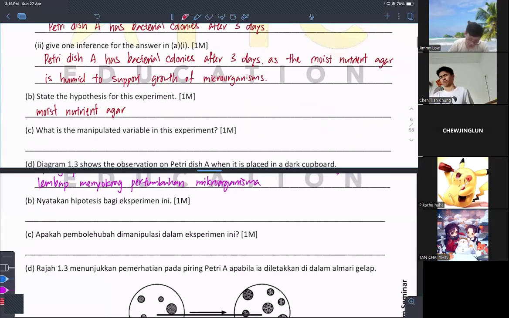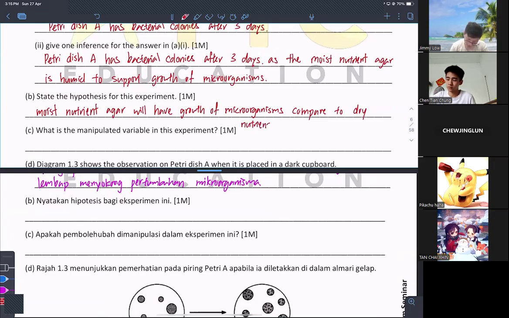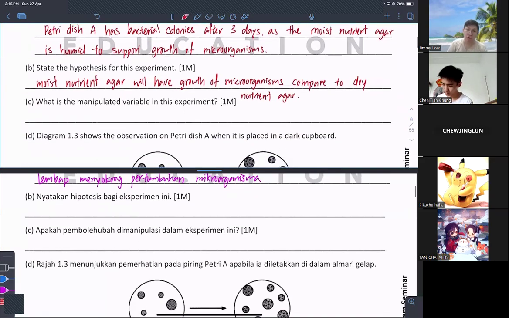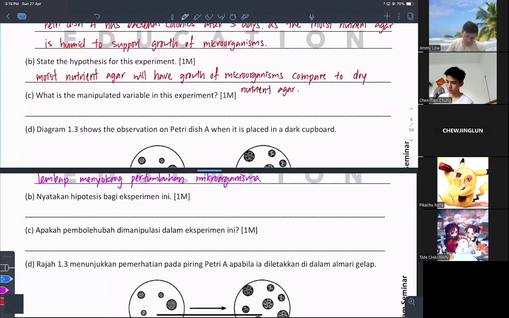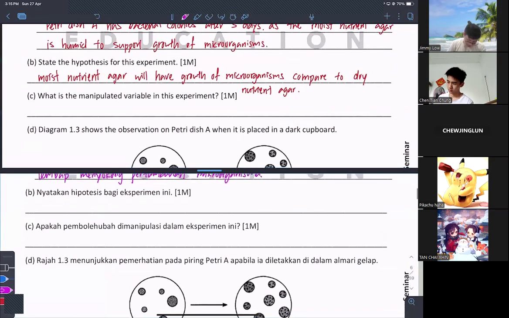So moist nutrient agar will have growth of microorganisms compared to, the keyword is here, compared to dry. Just ask yourself which way to answer is more comfortable.